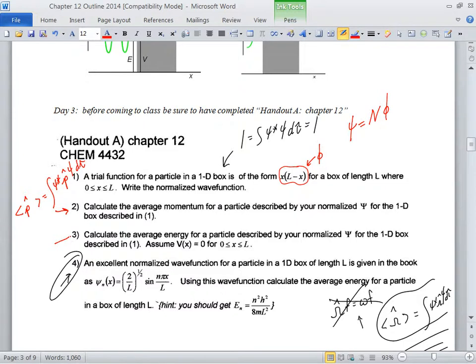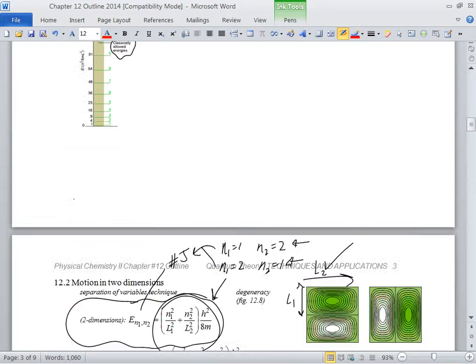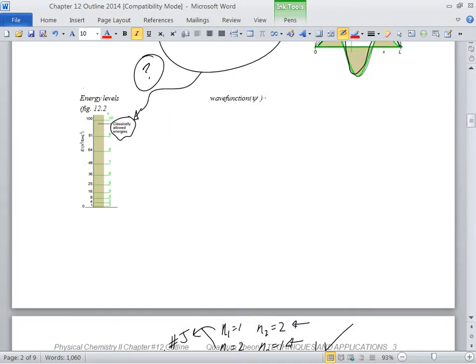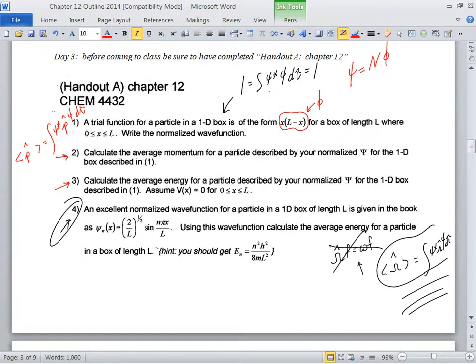Glorianne, how would you start number 3? The first equation on this page. Oh, wait a minute. Oh, we would get that as an answer if we had this as our wave function. That's the last question. That's question number 4. They want you to find the average energy for a particle described by that normalized wave function that we're going to get.